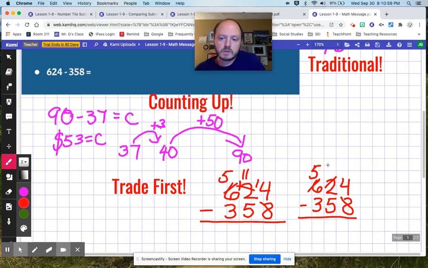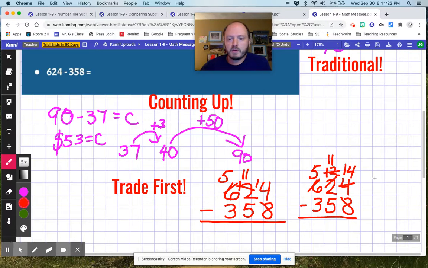And then this 2 becomes a 12. And then we cross that out again and make it an 11. And then this 4 becomes a 14. I was always in the habit of just putting the ones in front, and then I would cross them out if I needed to. So as you can see, both of these are very much the same.